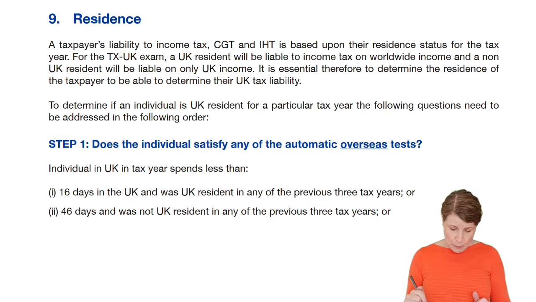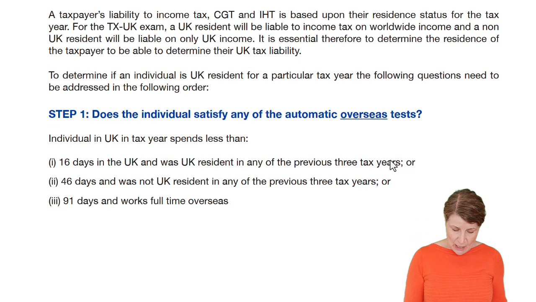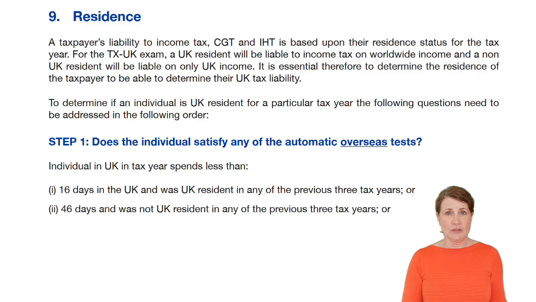And the reason why it's important is because if you are resident in the UK, you are basically going to be taxed on your worldwide income and gains. Whereas if you're not resident in the UK, you're only going to be liable on your UK income. We're not going to pay tax on our overseas income if we're not UK resident. So this is why it's particularly important.